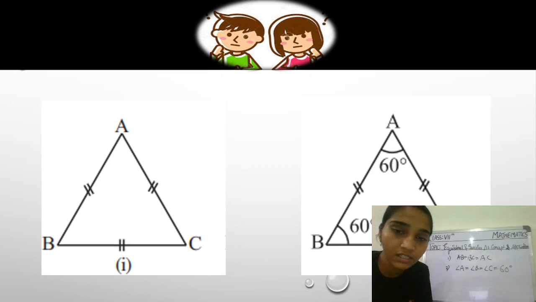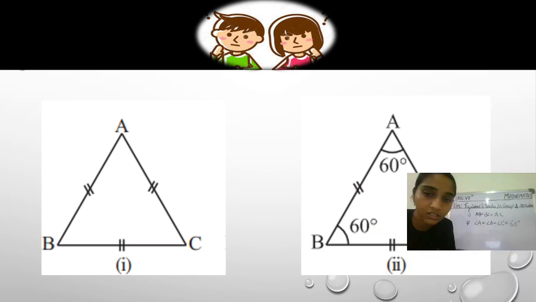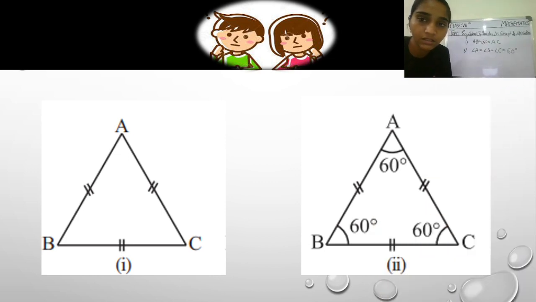So are we clear with it, students? If you are not able to see this triangle, now you can see it clearly. So are we clear with how we are defining an equilateral triangle on the basis of sides and angles?